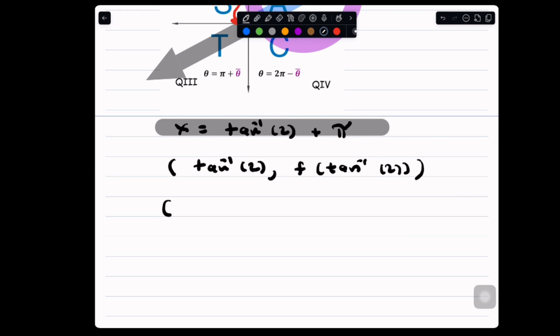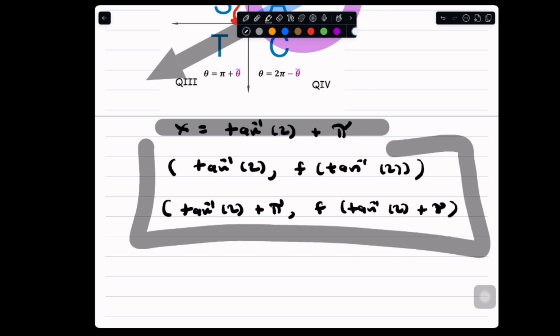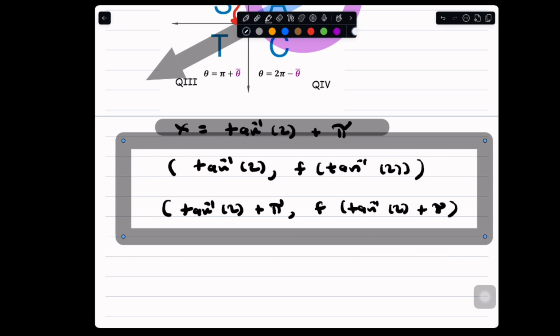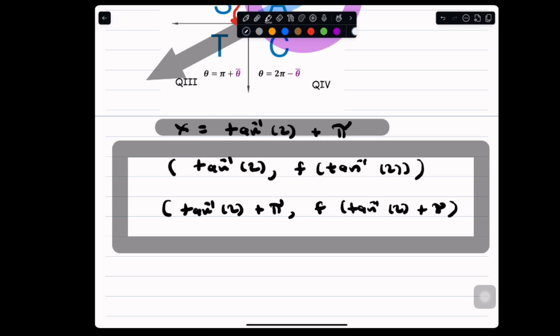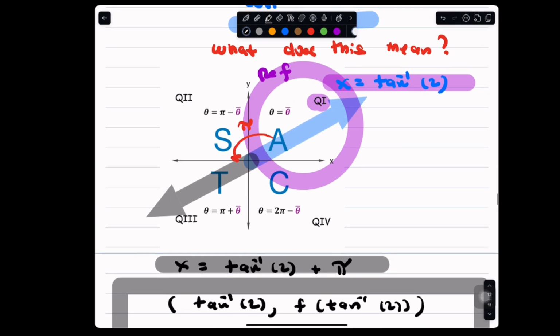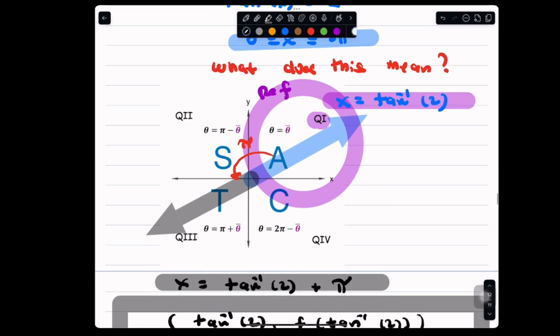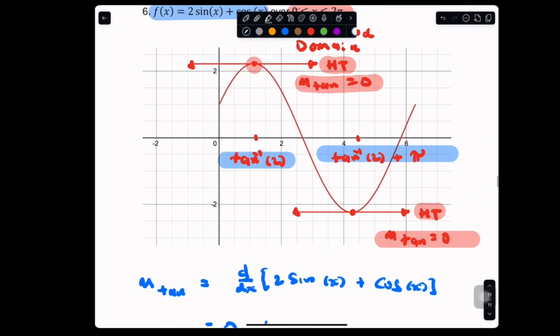And then the next one will be inverse tangent of 2 plus pi, f of inverse tangent of 2 plus pi. And these are the x and y coordinates, and you could kind of get away with that, I guess. Sometimes that's a nice answer, but anyway, this is kind of an interesting question here.